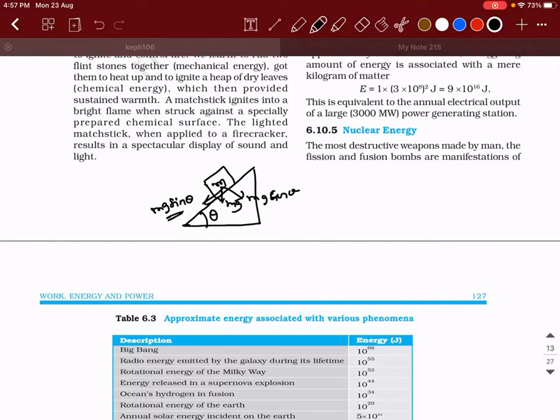Do you know this concept? Yes, sir. Then if I take this direction as the force, mg sin theta will be equal to m into a according to Newton's second law, because F is equal to ma. The m and m get cancelled, so acceleration is g sin theta. Okay, sir, I understood.